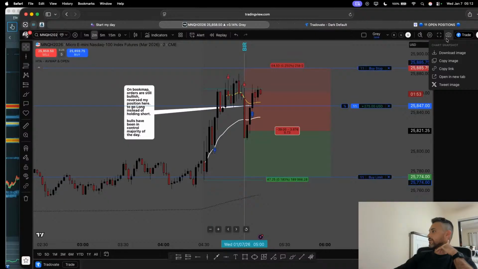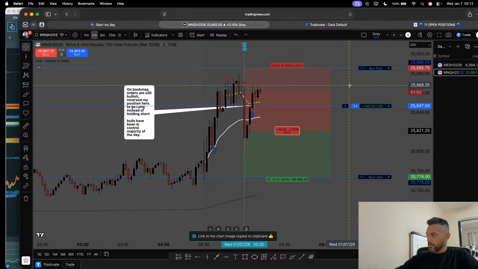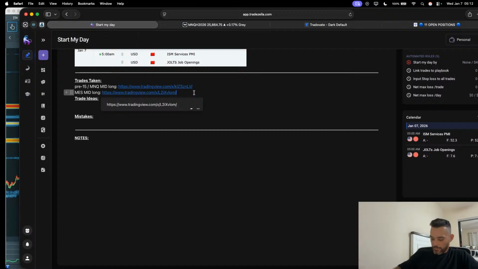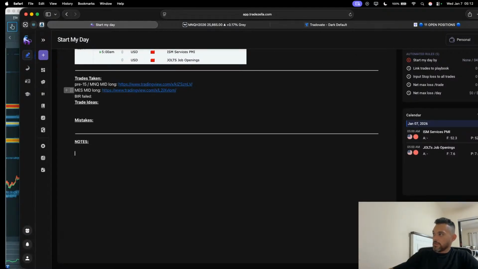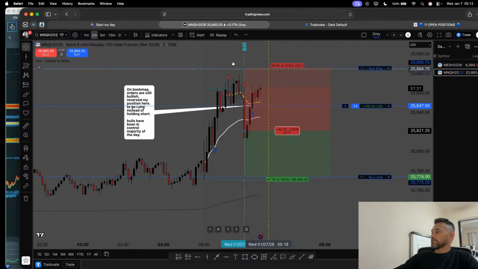Let me take a screenshot of this. This was a back into range play that failed. That is on MES, MES, and MNQ.